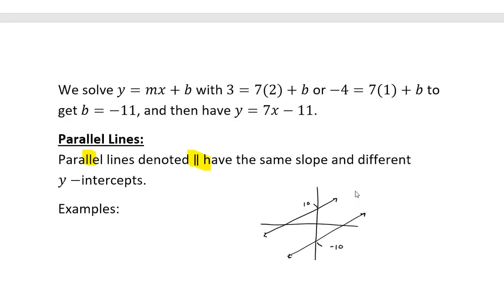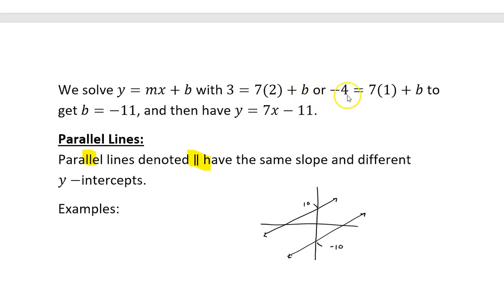If we want to get our format into slope-intercept form, we have a little bit more work to do. So we're using our points, right? Here's my y from the (2, 3), and here's my 2, so there's my x value, there's my y value. I have 3 equals 7 times 2 plus b.